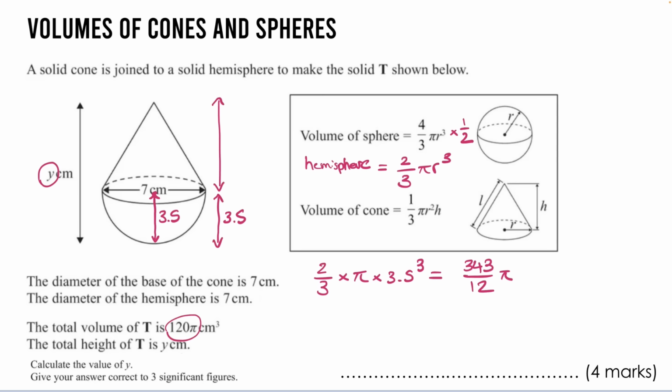So for this bit next, we're going to take that away from the total volume that's given to us, so 120 pi, minus this 343 over 12 pi, and that's going to give us the volume of the cone. So 120 pi minus the answer on the calculator, and that comes out as 1097 over 12 pi. So that right there is the volume of the cone.